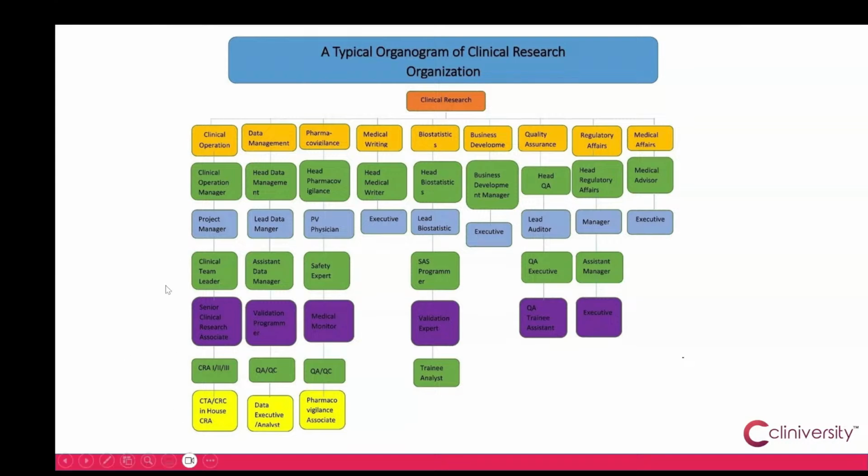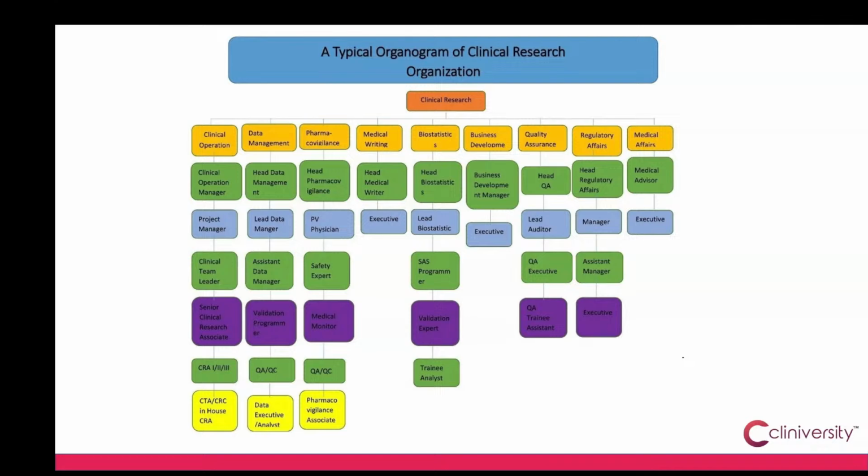In this particular downline, you can also see there is something called remote and centralized monitoring, where the role is very similar to clinical research associate, but they do all the monitoring activities by sitting at the company, at the organization. By sitting at one position, they work remotely on all aspects of the clinical trial.